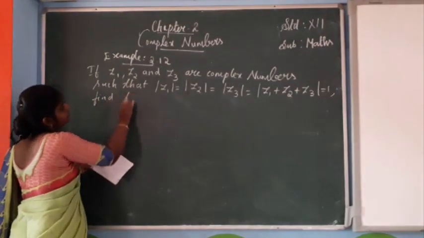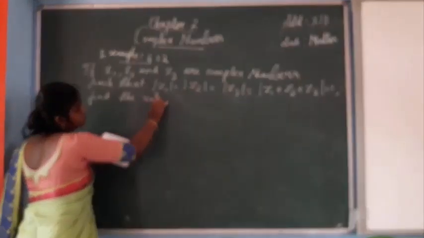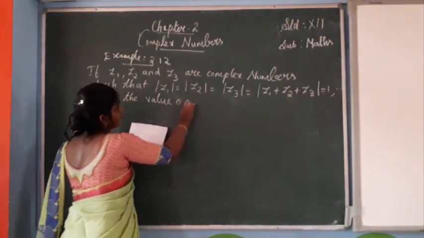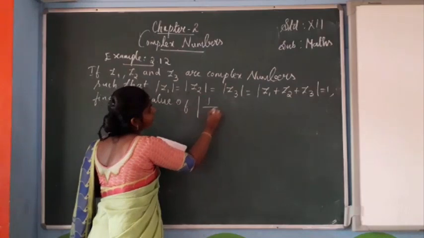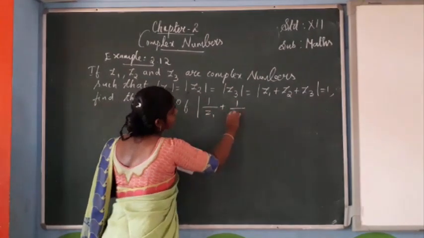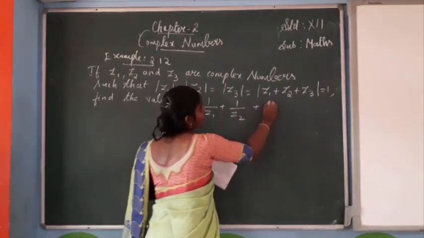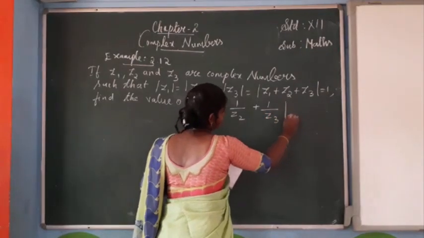Find the value of modulus 1 by Z1 plus 1 by Z2 plus 1 by Z3.